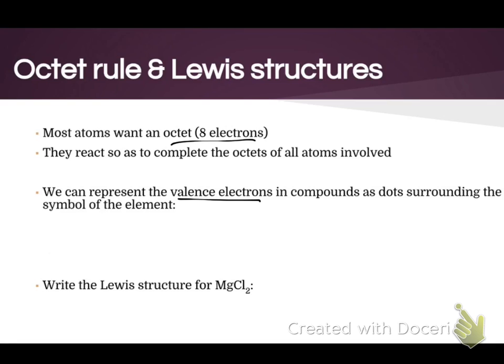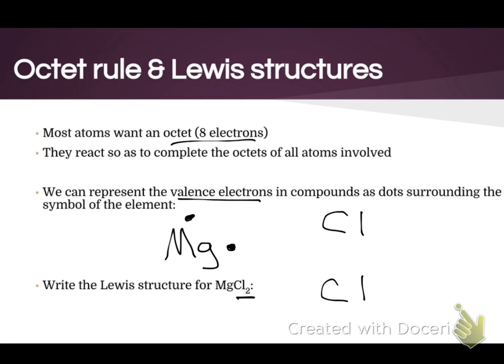So for example, if I have the element magnesium in my compound, I know that's a metal because it's on the left side of the periodic table. It's in group 2 actually. So that means that I also know it has 2 electrons in the valence shell. And then this says I have 2 chlorine atoms, so I'm going to draw 2 individual separate chlorines. That's what the subscript means.